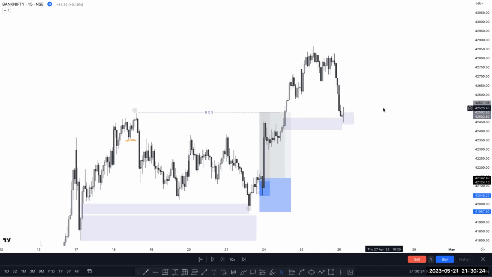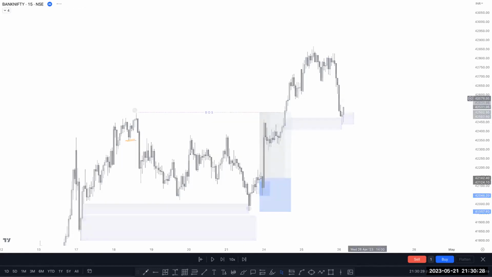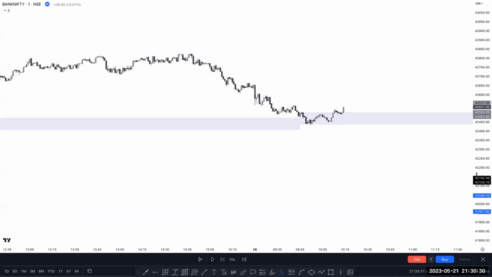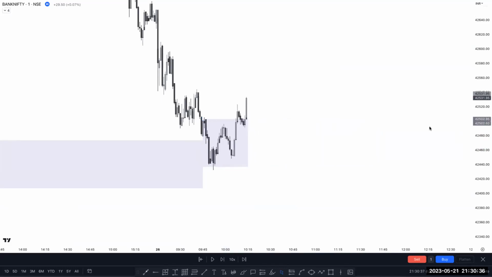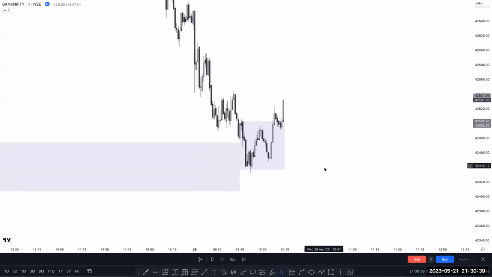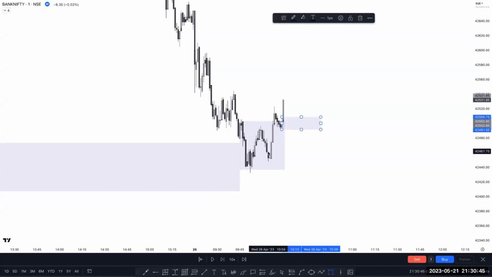So if you want to refine this zone in a 1 minute time frame, you can also refine, like this. First of all, you have to identify how many unmitigated PY, unmitigated order blocks are here. First one and extreme, only 2 PY, right?